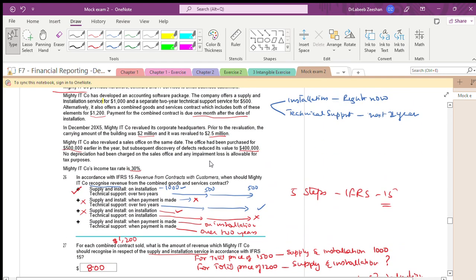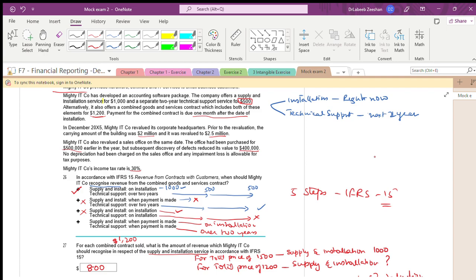How much are they charging? It offers a combined contract with a 2-year technical support service for how much? 500. Is that 2 years technical support service is how much? 500. Understand?